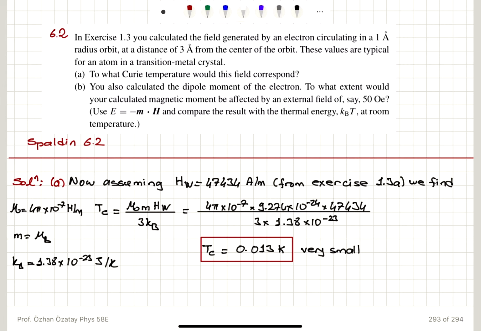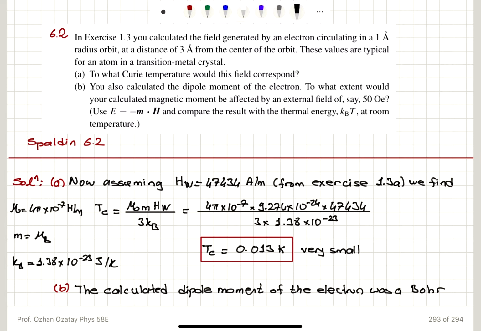Now we will compare the magnetic energy, minus m dot h, with thermal energy for this electron. The calculated dipole moment of the electron was a Bohr magneton. Well, roughly a Bohr magneton.